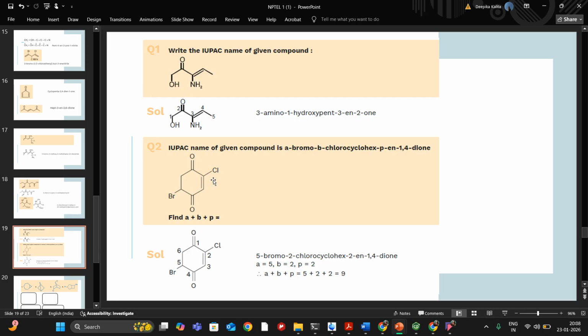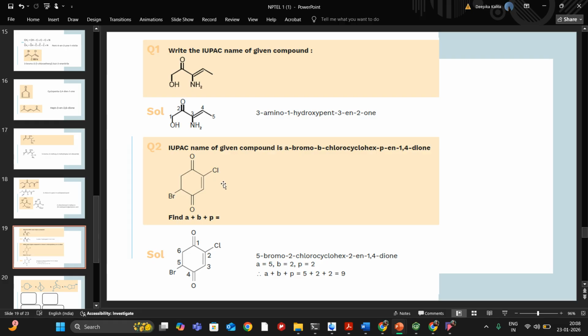And hence, if we start from this ketone, the substituents will get 2 and 5 numbers. But if we start from some other random positions, the substituents will be assigned higher numbers, which will give you a higher summation.